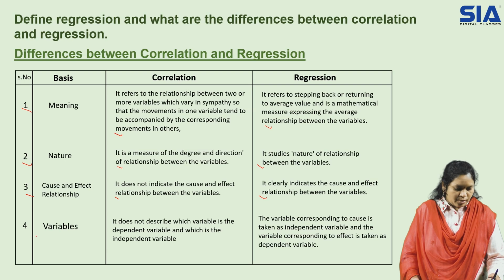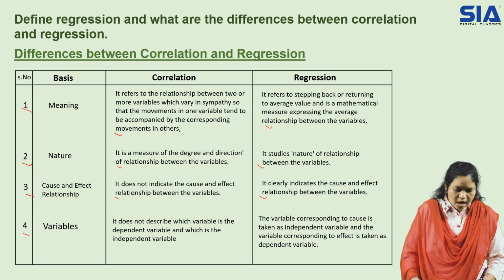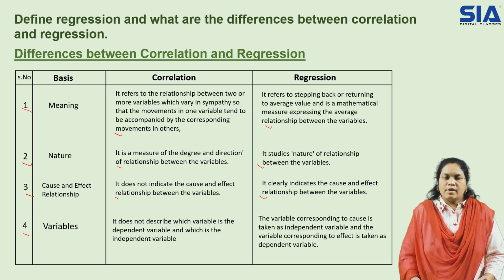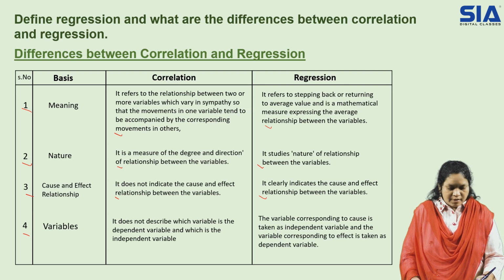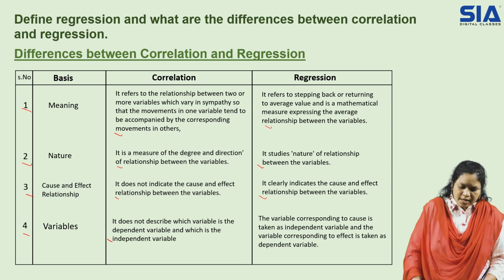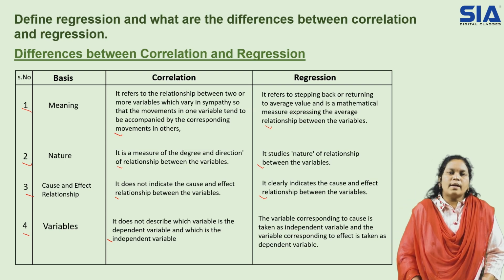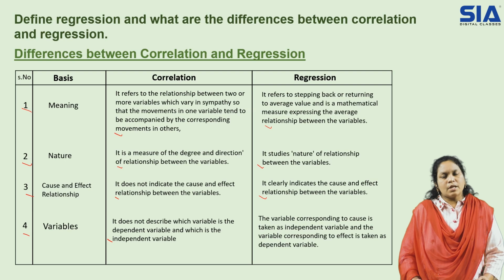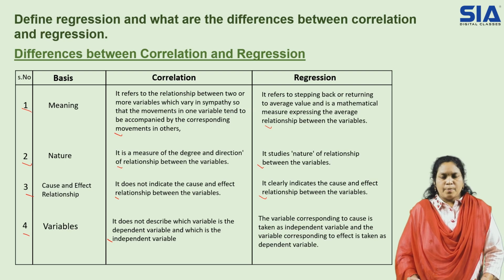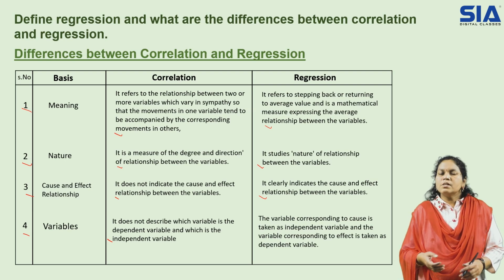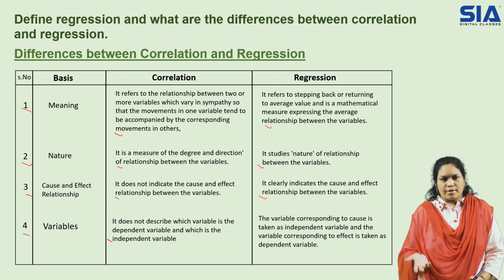Okay. Next point, fourth point, variables. How the variables go on, we'll be learning here. What they have given here is that correlation does not describe which variable is the dependent variable and which is the independent variable. Just directions we can know, but we don't know which one becomes independent and which one becomes dependent. We just have two variables and try to get the relation out of them, that's it.